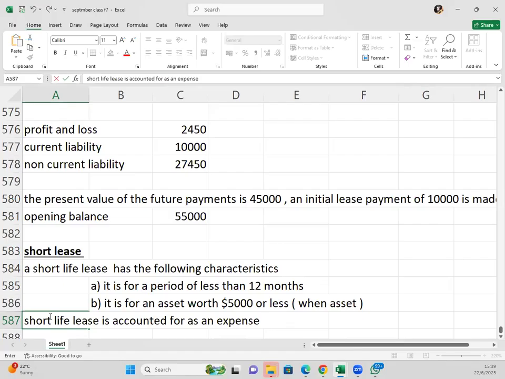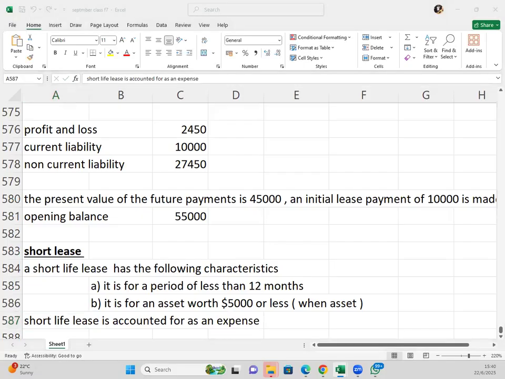In a similar way, we treat the rent expense. If it's for a short life, we can just treat it the same way we treat rent expense.